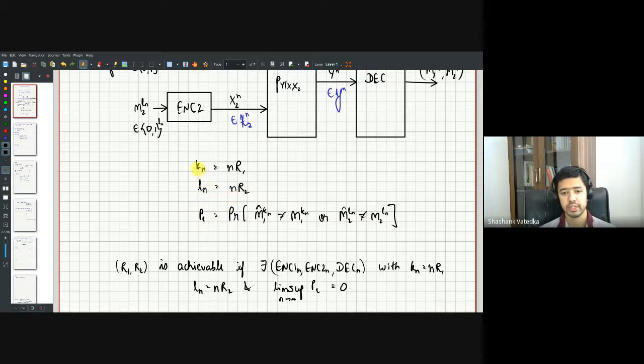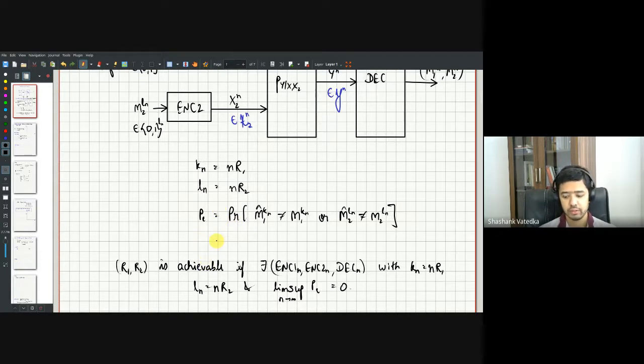So we'll say that Kn is n times R1 for some positive number R1 independent of n, and Ln is n times R2 for some positive number R2 independent of n. And R1 and R2 are the rates of user 1 and user 2.